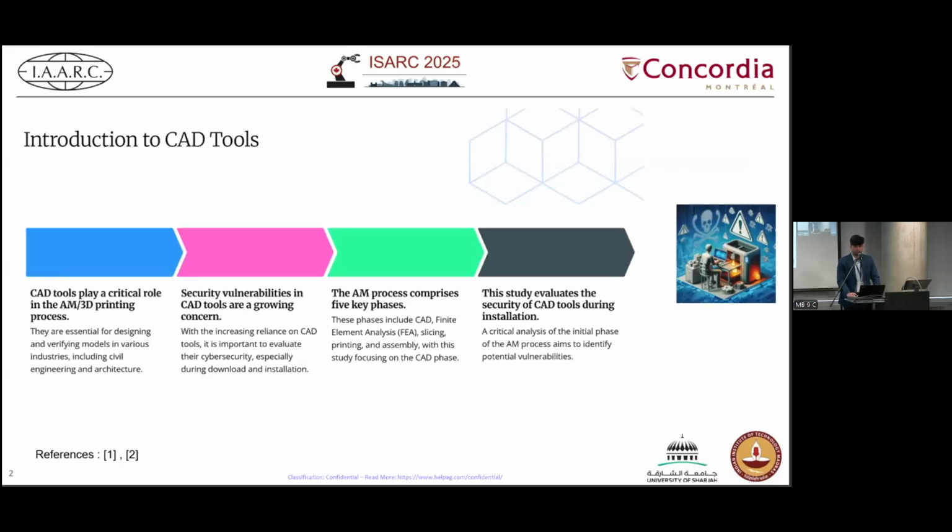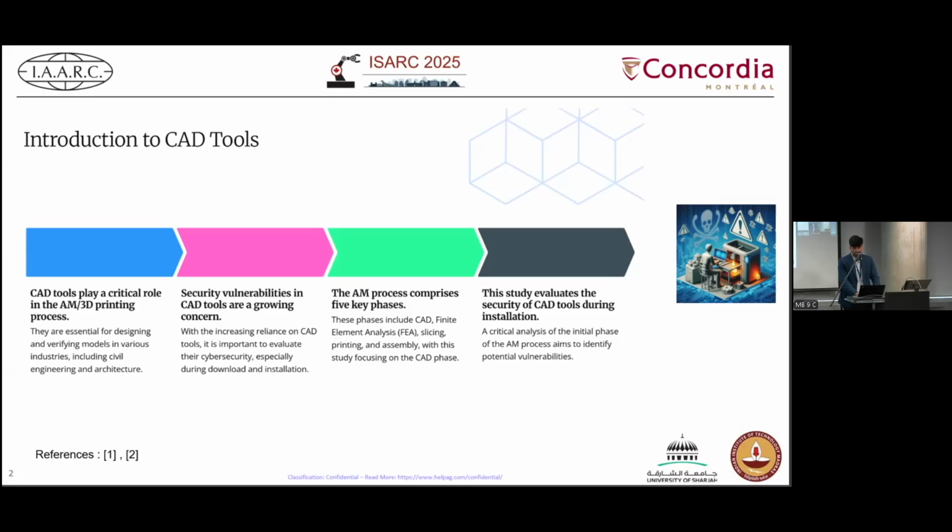To begin with, it's important to understand the foundational role that CAD tools play in this era, especially with the additive manufacturing or the AM processes. These tools are used for designing and verifying 3D models and are essential across industries such as civil engineering, architecture, construction, and product design.